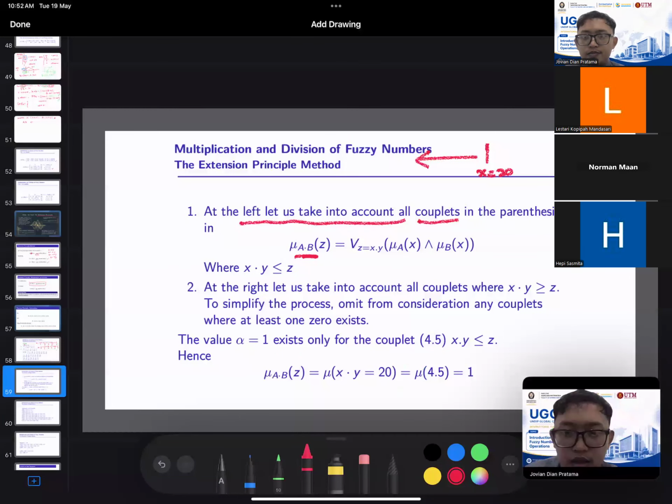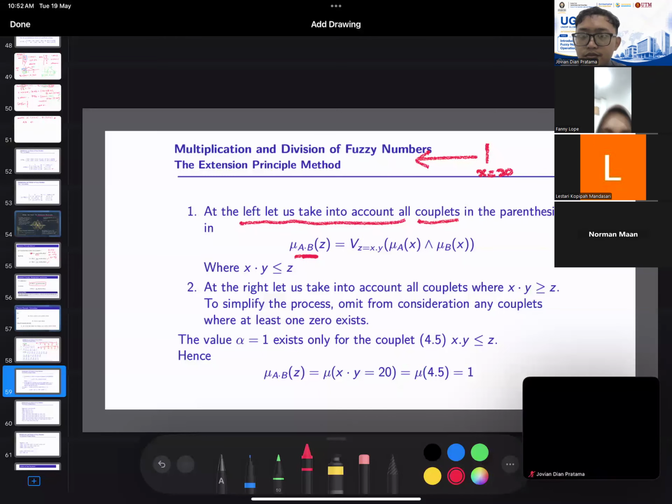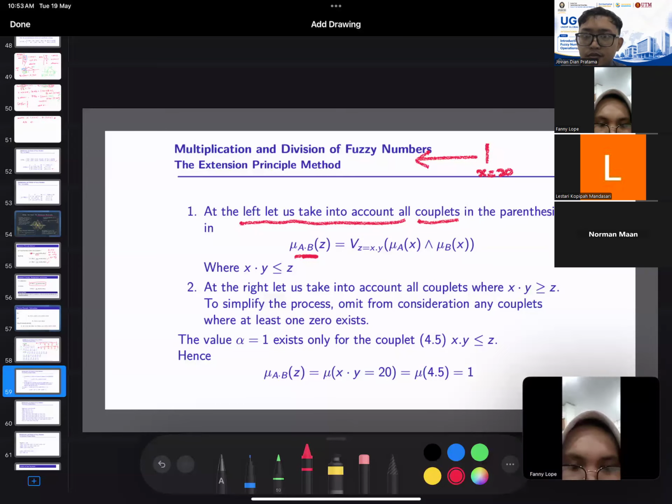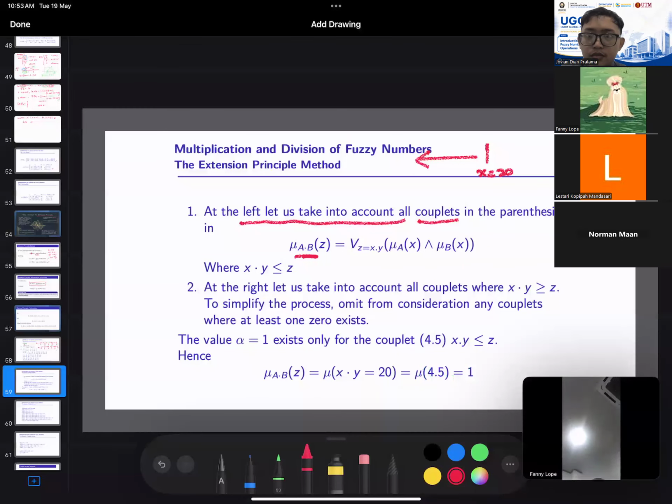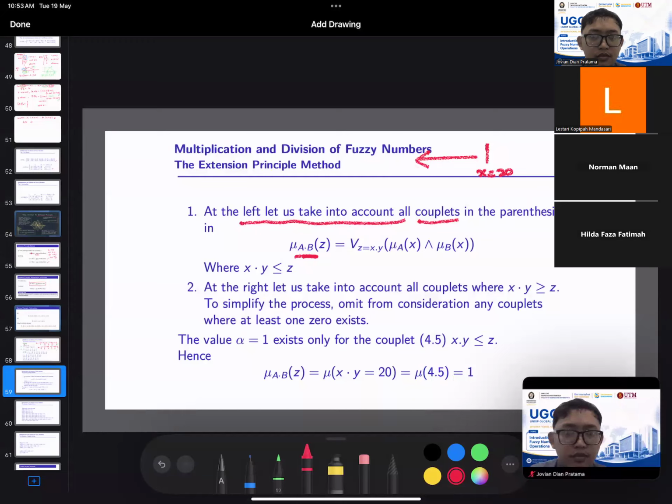Okay. So you see at the left, let us take into account all couplets in the parentheses, which is on the left, as I mentioned just now. On the left of 20, meaning 19, 18, and just now we started with 9, 9, 10, 11, and so on. So we need to use this formula, where x multiply y is very important.